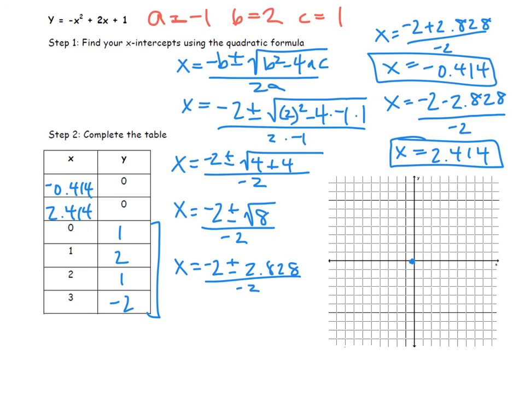And then 2.414, which is just shy of 2.5. So 2.5. Oh, should be a little shy of that. That looks pretty good. Then we have 0, comma 1. 0, 1 is here. It's a little bit off there. We have 1, comma 2.